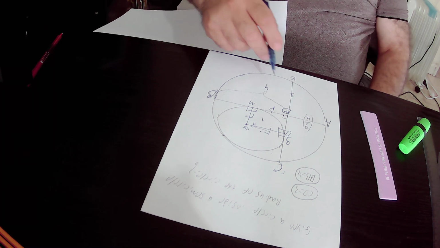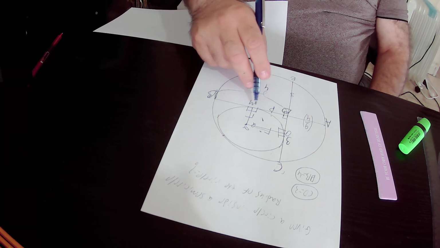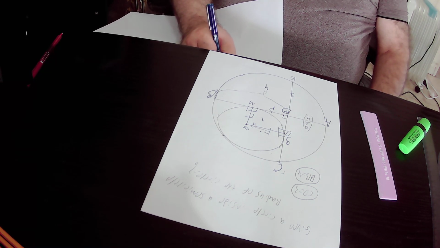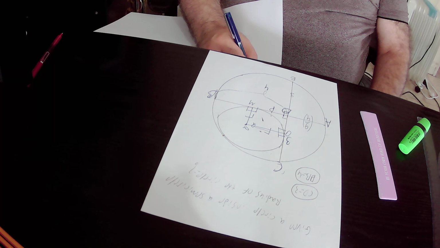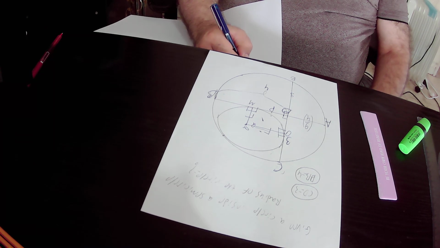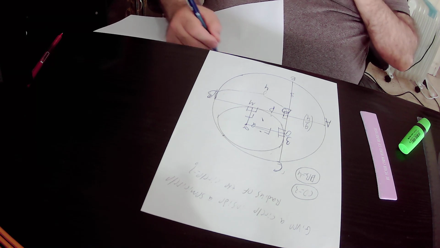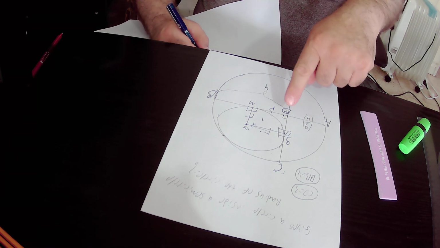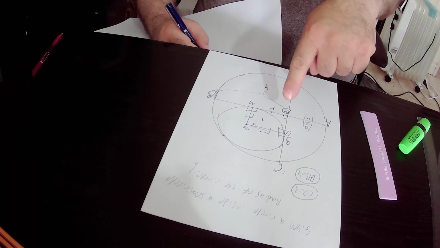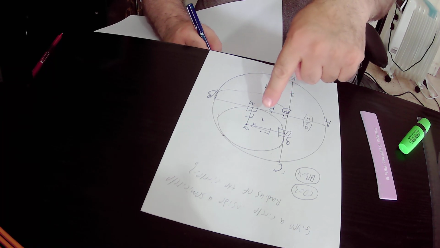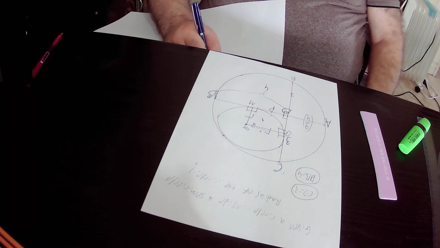So the sum of three right angles is 90 times 3, which is 270 degrees, plus the size of the fourth angle, angle OQM.